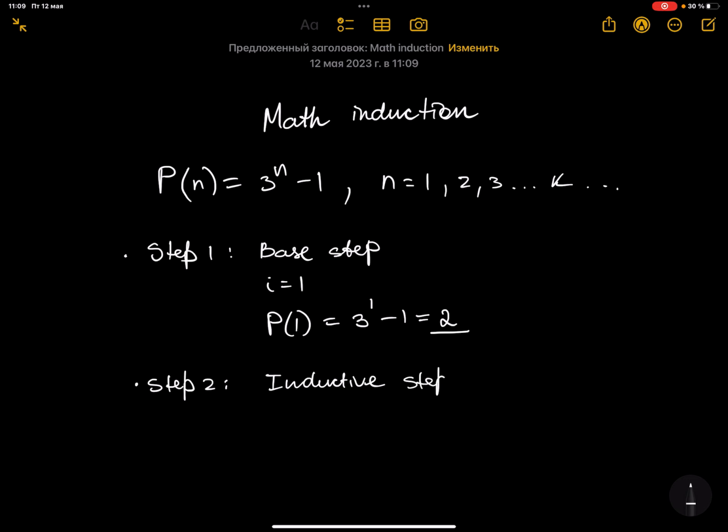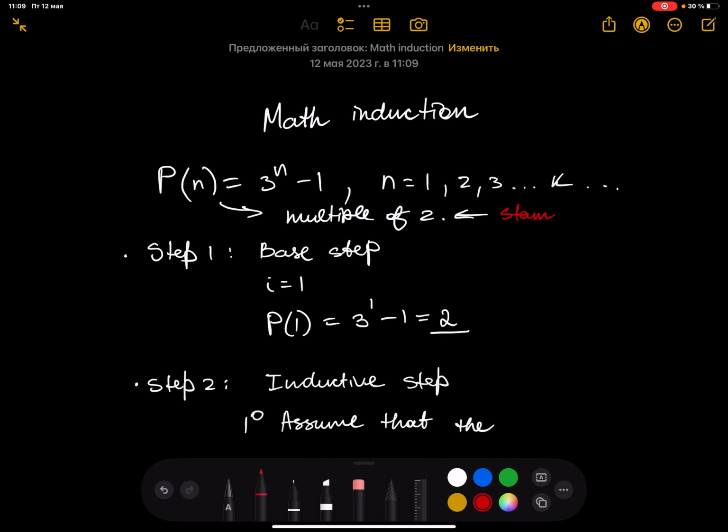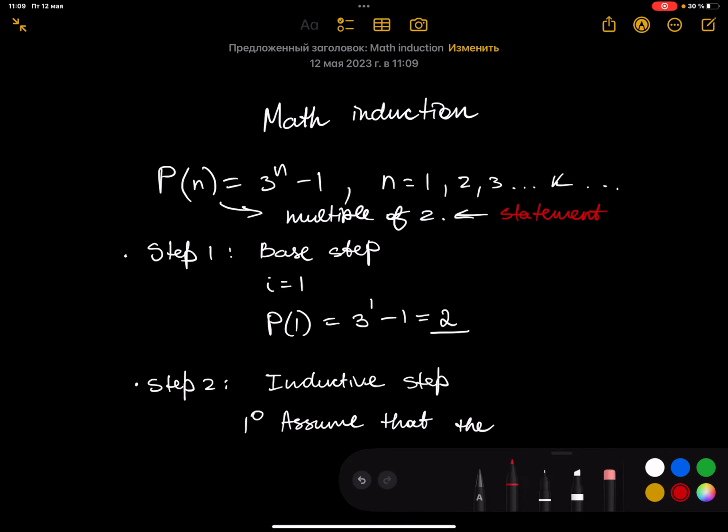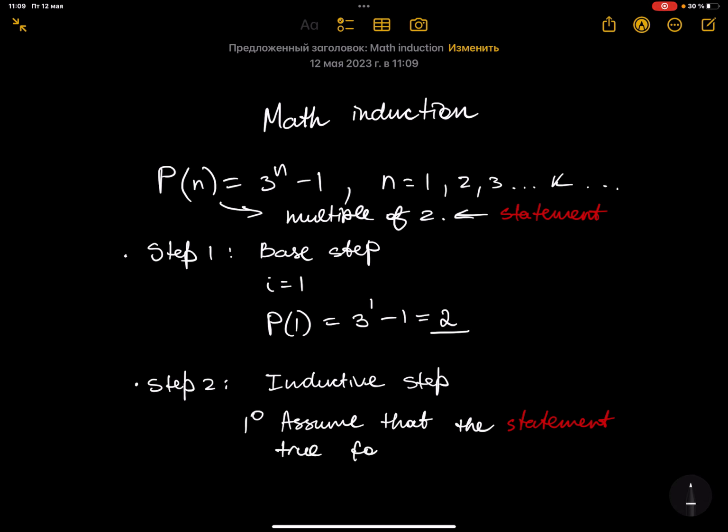In the inductive step, firstly, assume that the statement, that this is a multiple of 2, is true for Pk, where n equals k.